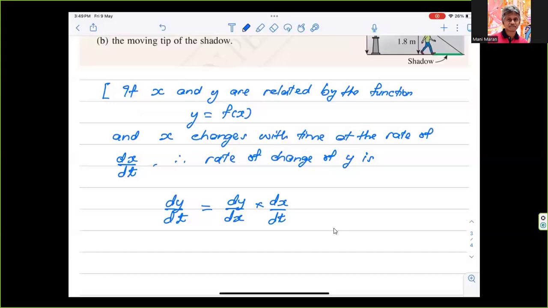So we are making use of the chain rule. We can find the dy by dx value from the function relating x and y, and the rate at which x is changing is also given. Therefore, we can find dy by dt.